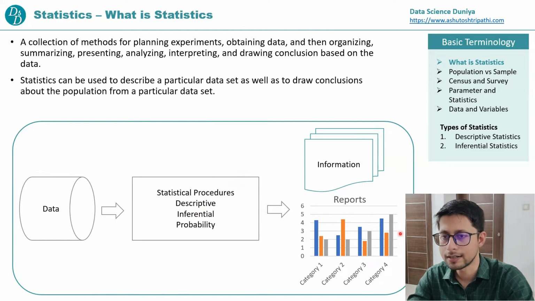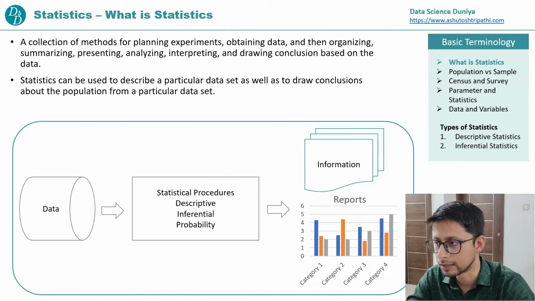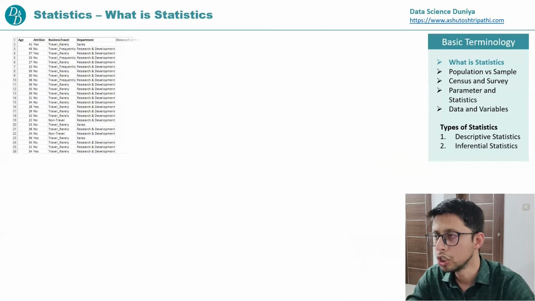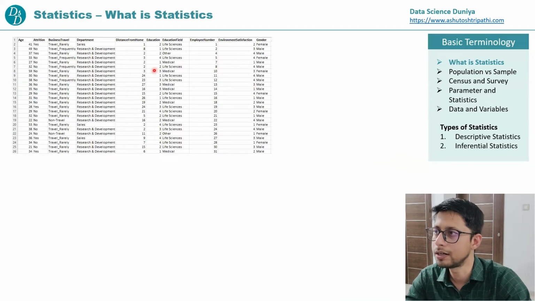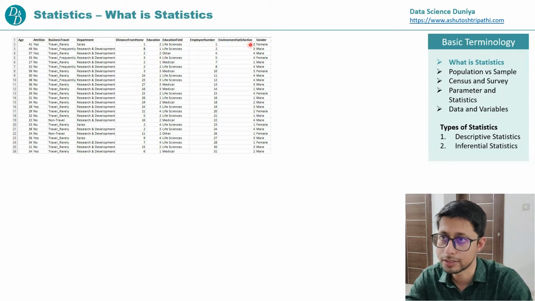Now let's understand it more from the data point of view. Suppose, as I was telling, we have HR data here. In the HR data, there is the age of the employees, business travel, department, distance from home, education field, employee number, environment satisfaction, gender.